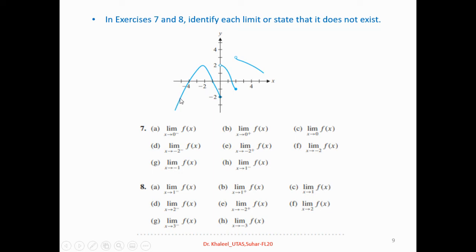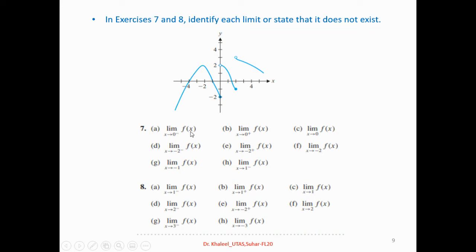Then I have to move along the graph till I end at 0. The limit of f(x) as x tends to 0 minus is equal to -2. So the limit value is -2 in the first case, 7a.